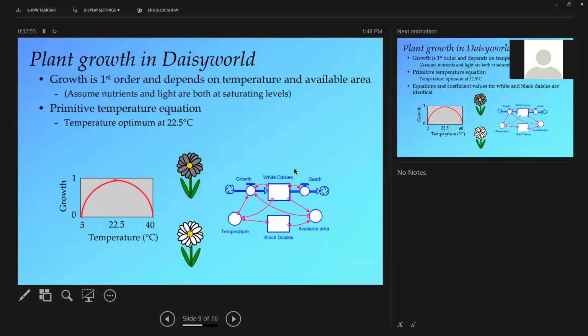It will have maximum growth, a growth factor of 1, at 22.5 degrees Celsius, and it will go down as temperature goes above that or below that. So depending on temperature, it will select where you are in that growth curve. That's good.